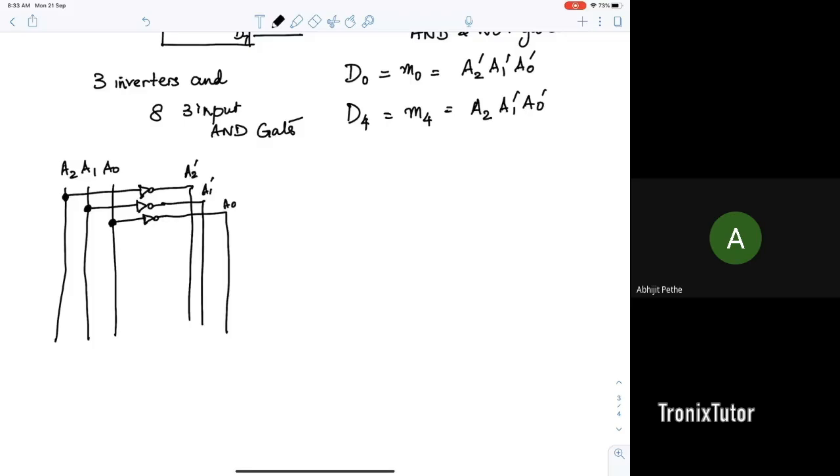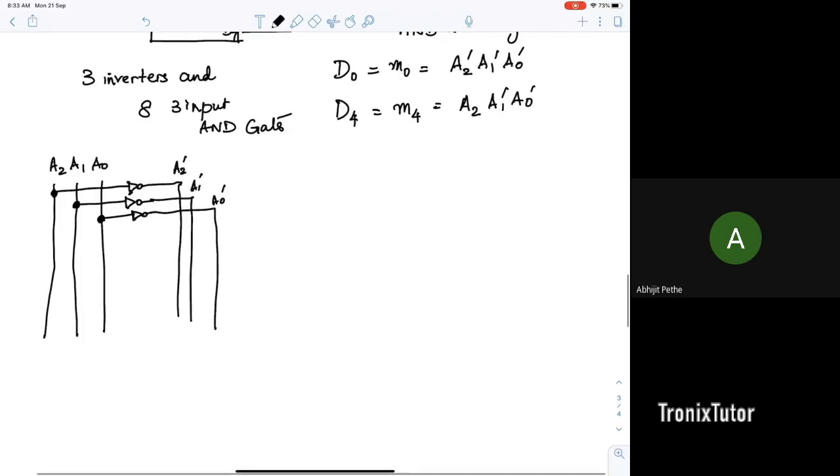If I want to implement D0, I'll pull these 3 signals out and send them into an AND gate, and this is my D0. Similarly, I can design all the 8 minterms by pulling the right signals into the 3 inputs. So I can design an entire decoder using AND gates.